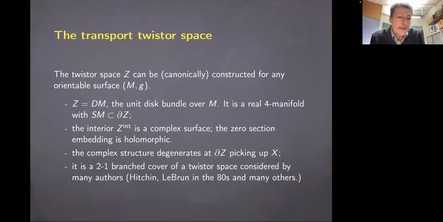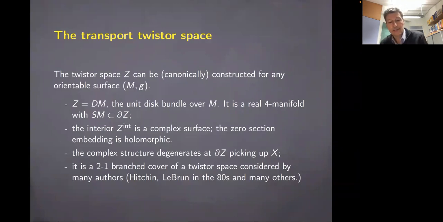Now, in some form, or in a different dressing, this object has been around for quite some time, but maybe not in the language that I am describing it. You can trace some of these origins back to Hitchin and LeBrun in the 80s, and many other authors have considered this. But after you look at these things with some care, you see that the set I'm interested in is not the one that most people use; it's actually a 2-to-1 branched cover over the usual one.